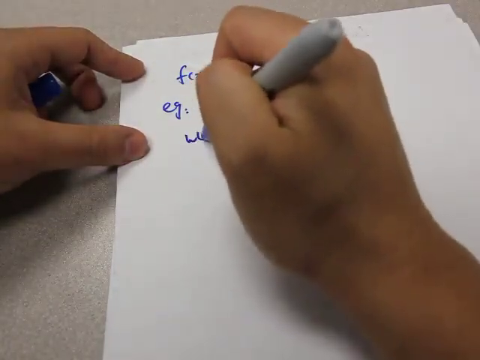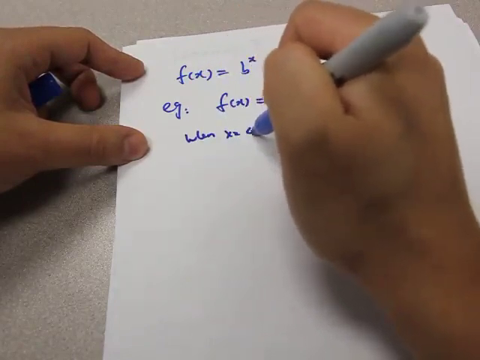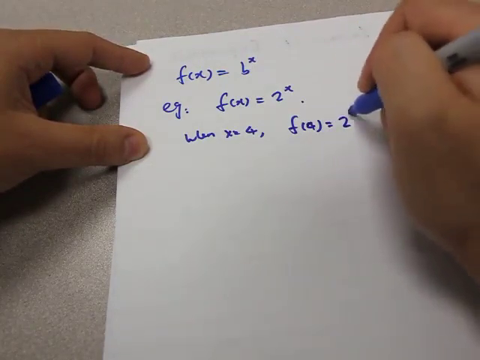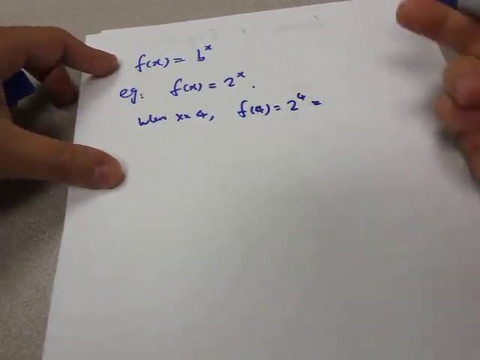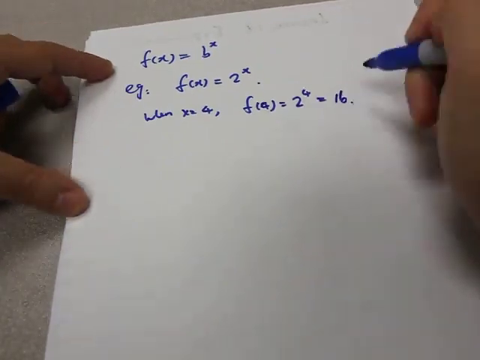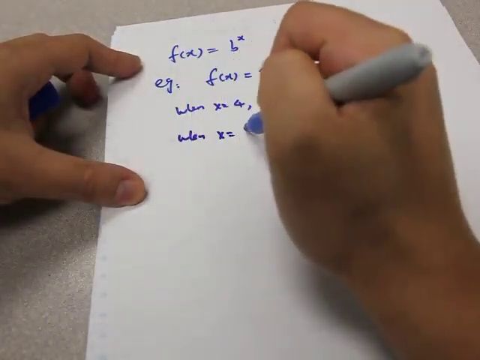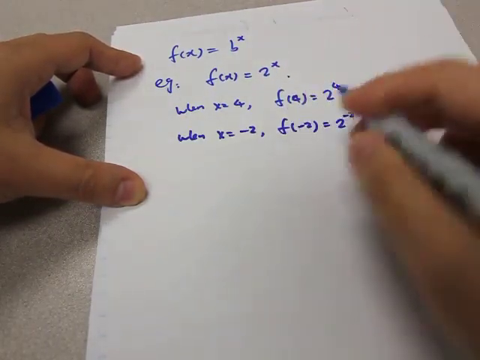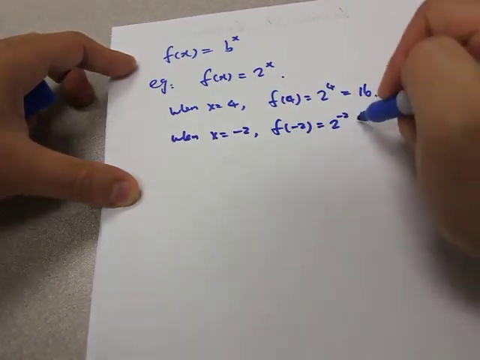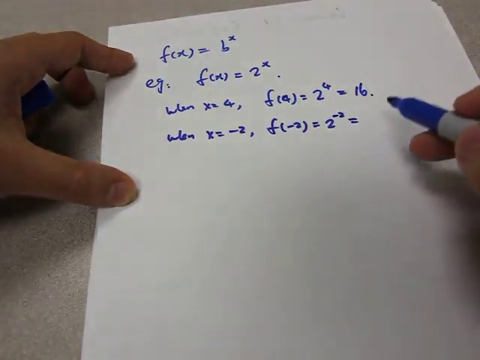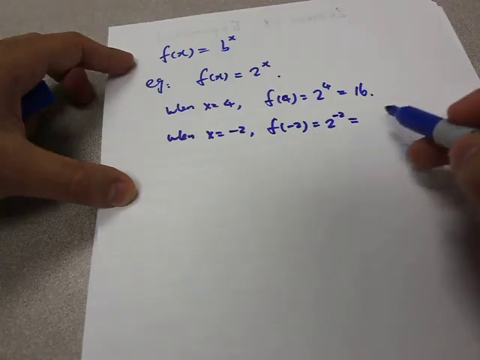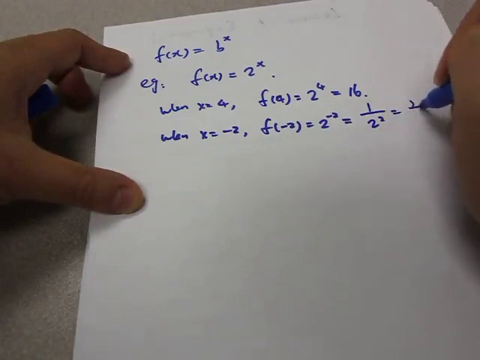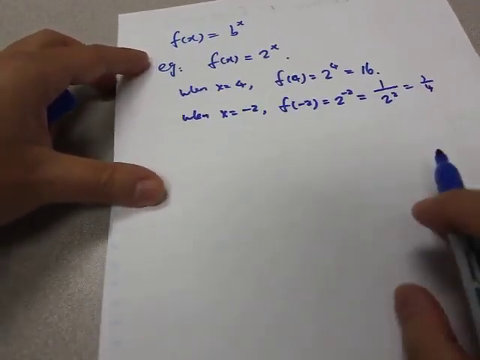When x equals 4, the function value is 2 to the power of 4, which gives me 16, right? And when x equals negative 2, the function value is 2 to the negative 2. And in the study of exponents, we know that this equals 1 over 2 to the power of 2, so it's 1/4.